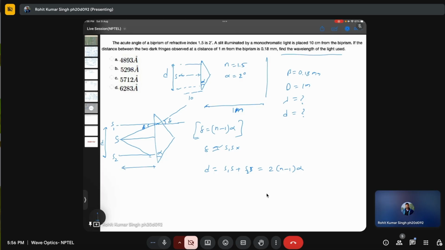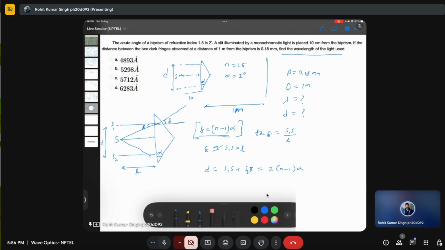This is the L, right? This will be there because this is the angle. So we are basically doing tan delta is equal to S1s divided by L. Oh no, not tan delta, we have to take sine.